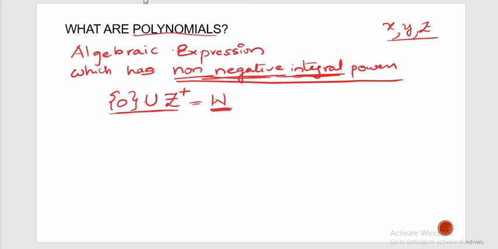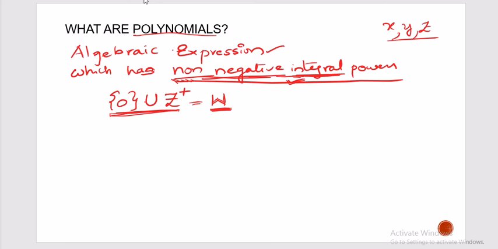But in our textbook, the general definition that follows is non-negative integral powers. Why we stress this is that the power should always be a non-negative integer. Then only can we say that the algebraic expression is a polynomial.